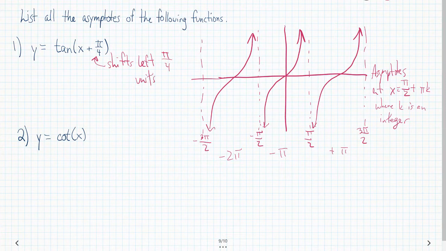Okay. So what happens then? Well, so the asymptotes, if we shift left, we subtract. So it would be x equals pi over 2 minus pi over 4, right, because we shifted left, plus pi k, where k is an integer.